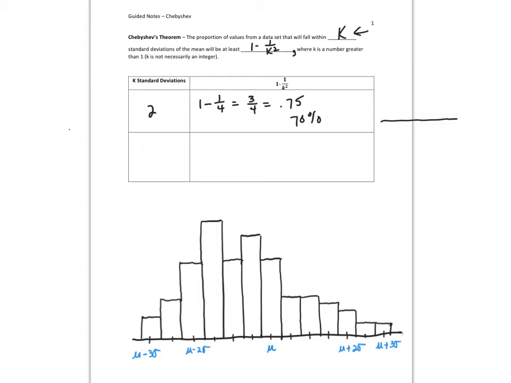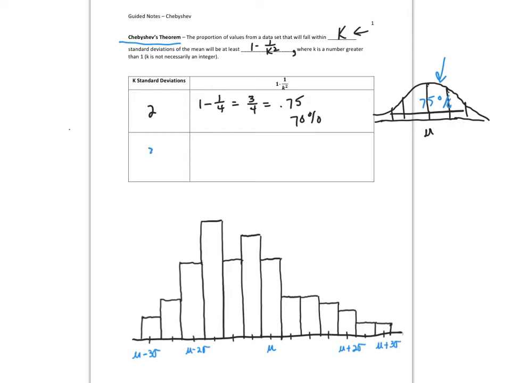Now with Chebyshev, you do not have to have mound-shaped data, even though that's the kind of data curve I'm drawing here. So if this is the mean, within 2 standard deviations on both sides of the mean, I can expect to have 75% of my data. Once again, this is mound-shaped data, and you do not have to have mound-shaped data with Chebyshev.